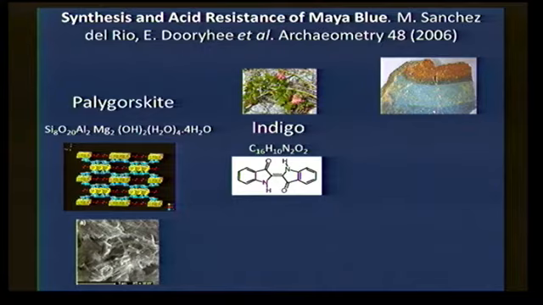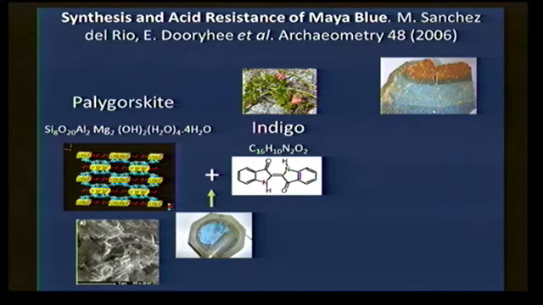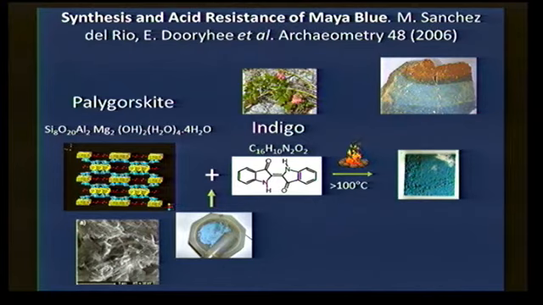It's a blue material. It's just an organic plant. And basically, we mix the two together. Those two are ground together and mixed together. Then we heat up the mixture, and we get this final product.